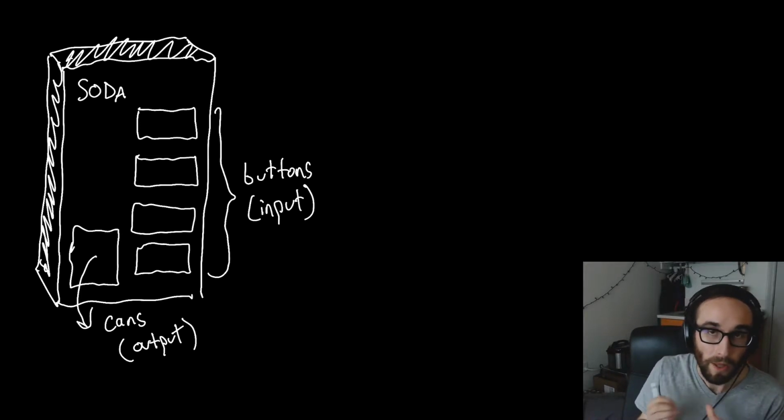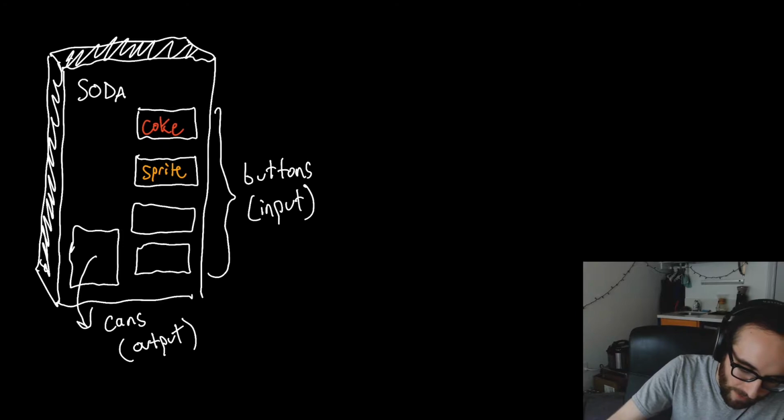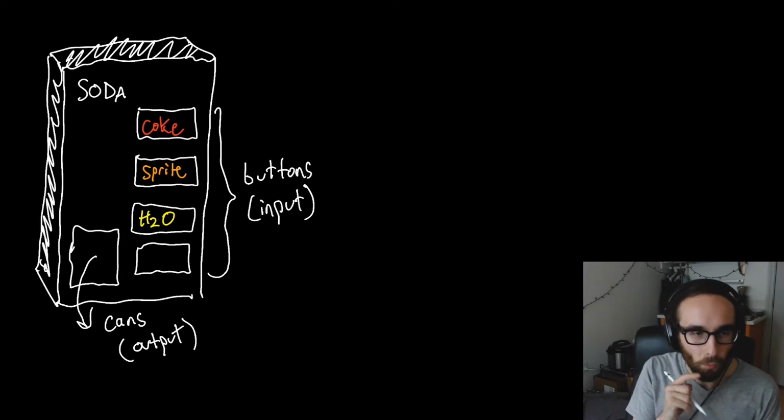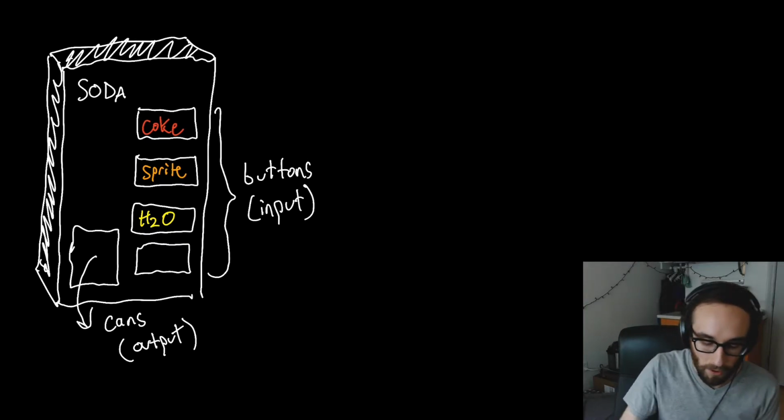On the buttons, we might have a few different options, like maybe a Coke option, and an option for Sprite. And then maybe if you want to be a little bit healthier, we have an option for water, H2O. So we have a few different buttons that we can press. When we press a button, we expect that soda to come out of our machine.